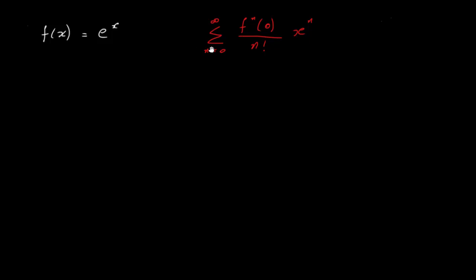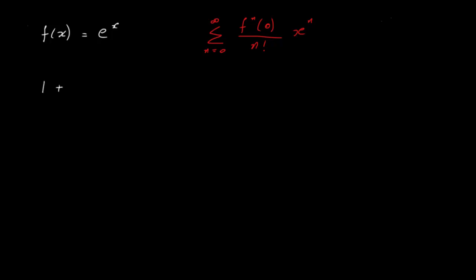Here we're just looking at f of 0, which is e to the power of 0, which is 1. So we've got 1 on top. 0 factorial is just 1, so 1 over 1. And then we have x to the power of 0, which is 1. So our first term is just going to become 1.